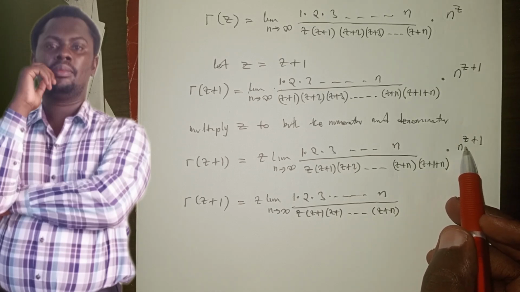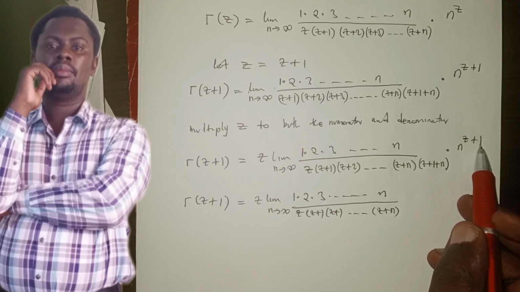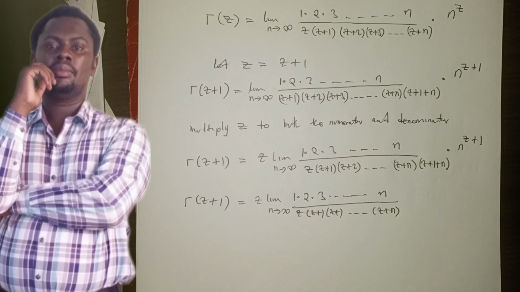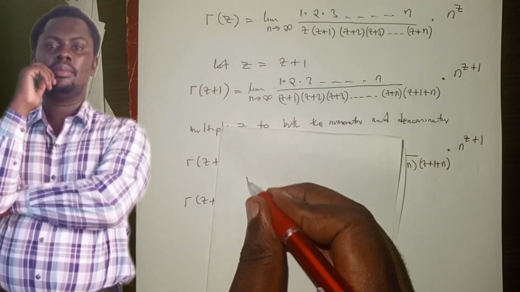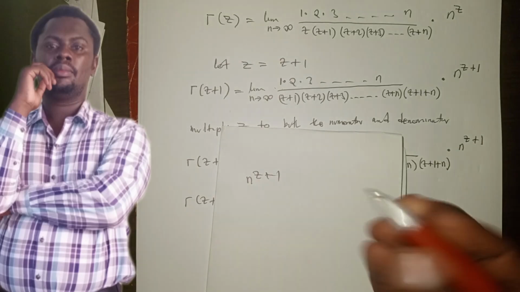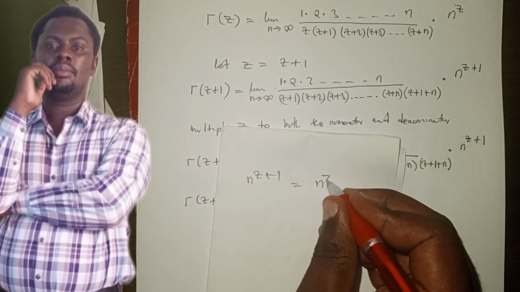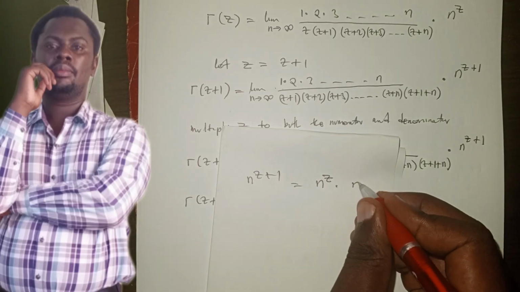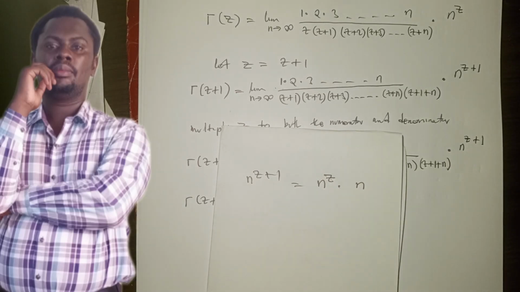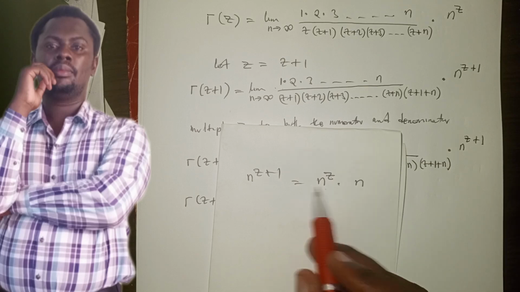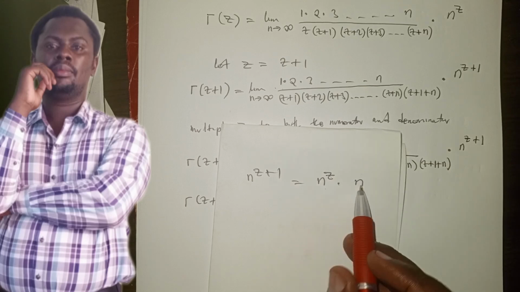Then n to the power z plus 1 can be written as n to the power z multiplied by n, because if you multiply numbers with the same base, you add the powers.